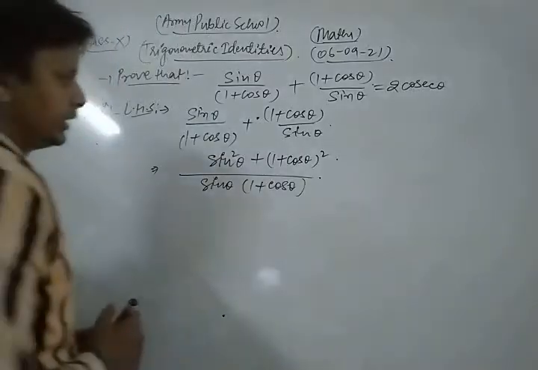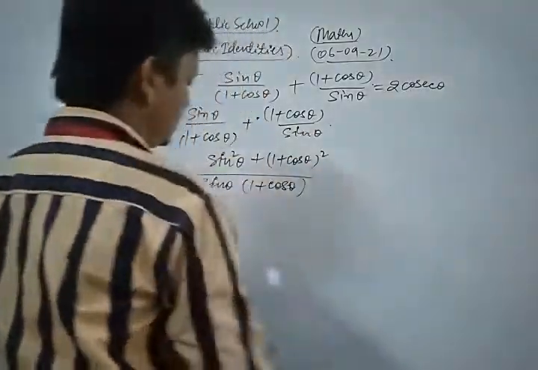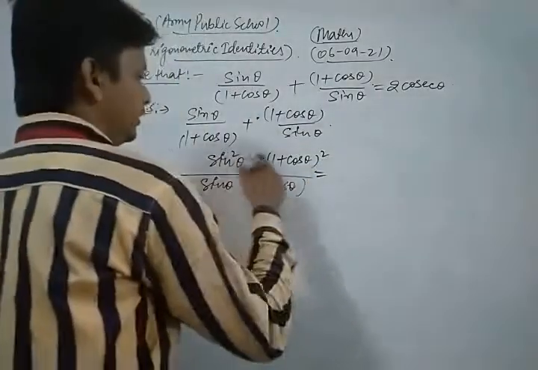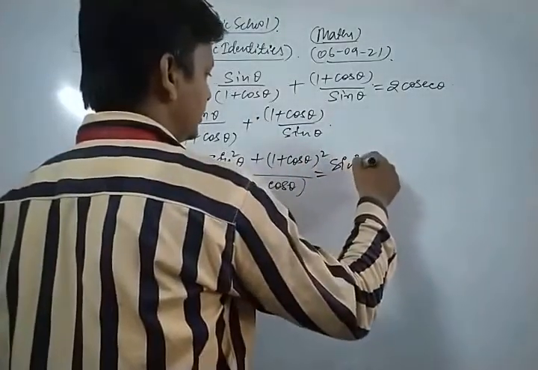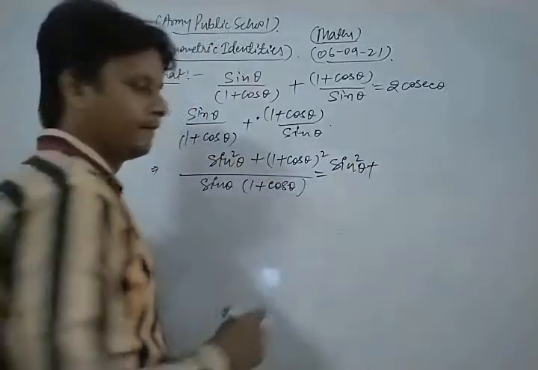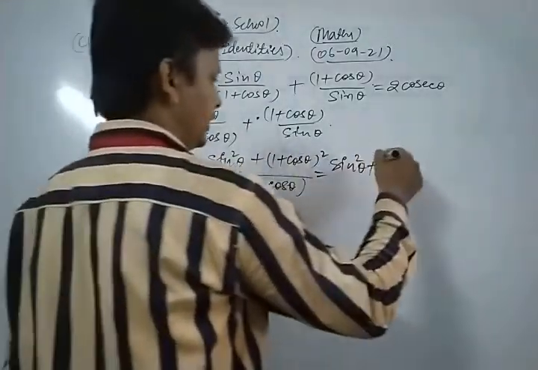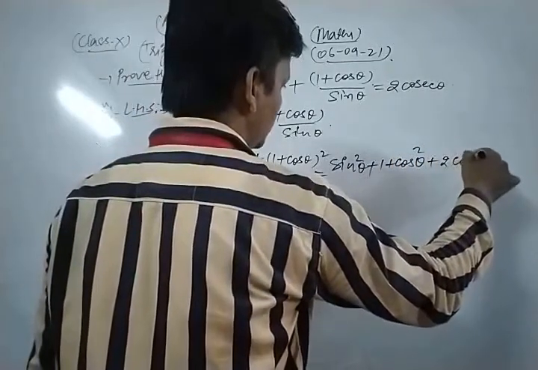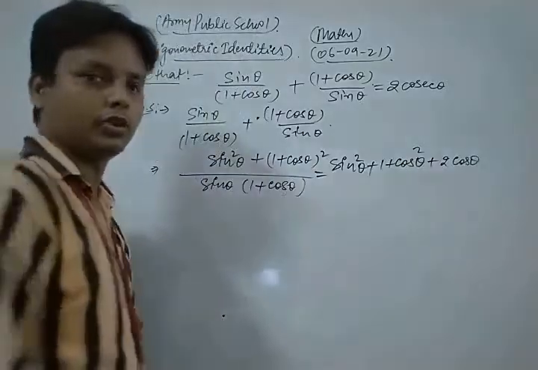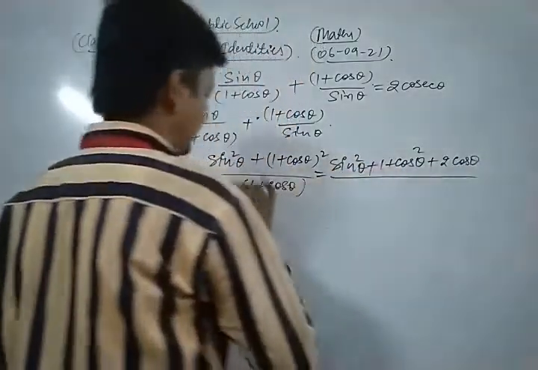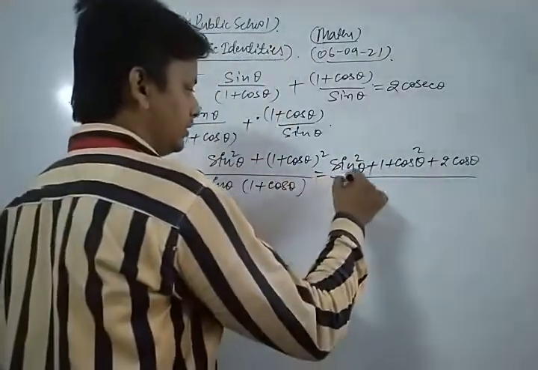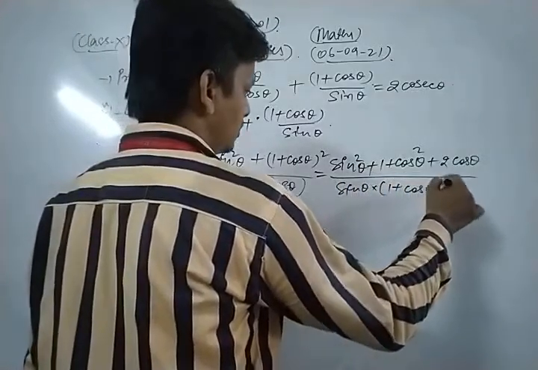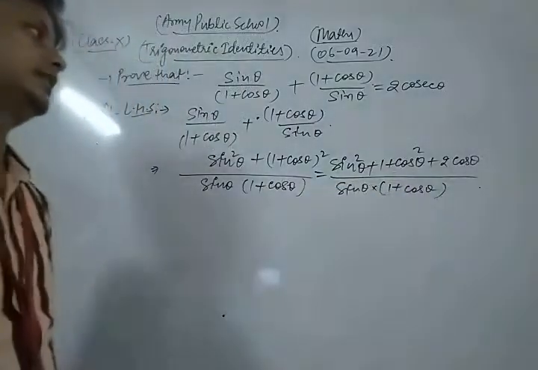Now what do I do? Now we just simplify them. Okay, so look, here we expand. We write sin square theta as it is, plus this is (a plus b) whole square, so a square plus b square plus 2ab, meaning 2 cos theta. Divided by sin theta into 1 plus cos theta as it is.